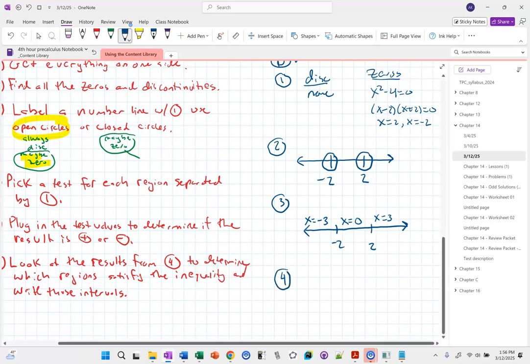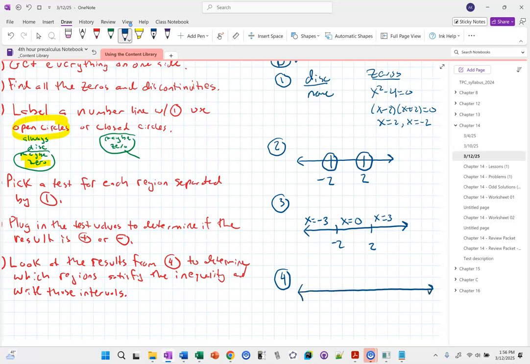So on step 4 now, there are still open circles there. I'm now going to plug this in. So negative 3 squared minus 4. That's going to give me a positive value, right? Negative 3 squared is 9. 9 minus 4, that's positive.